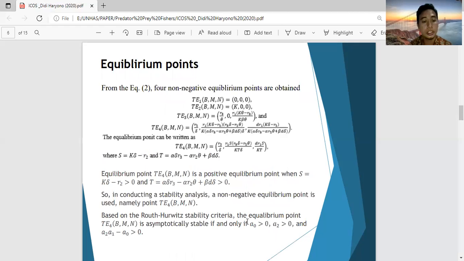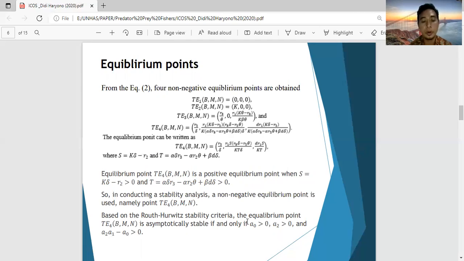From the second equation, four non-negative equilibrium points are obtained: TE1, TE2, TE3, and TE4.